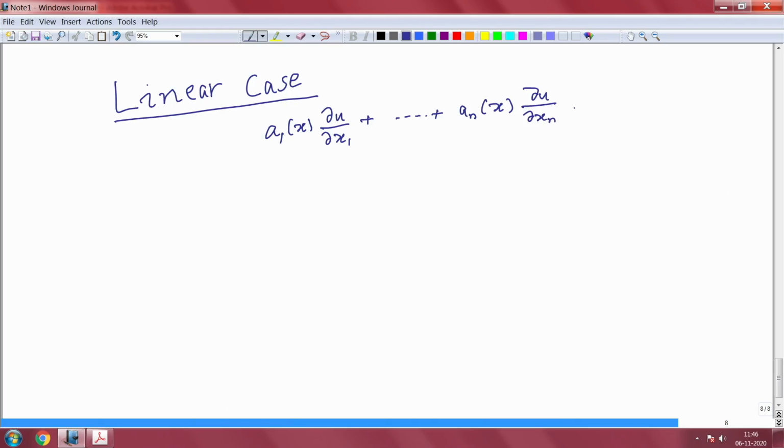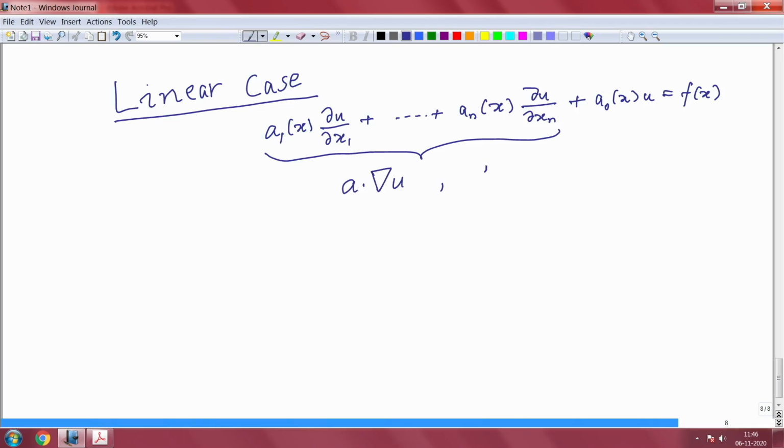You can take the lower order terms also, let me write that, and even some inhomogeneous term. Okay. So, this is conveniently written as a dot product, scalar product A dot grad u.